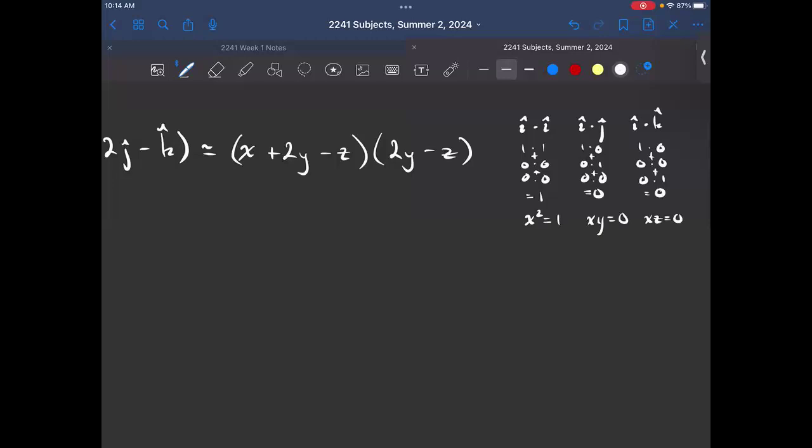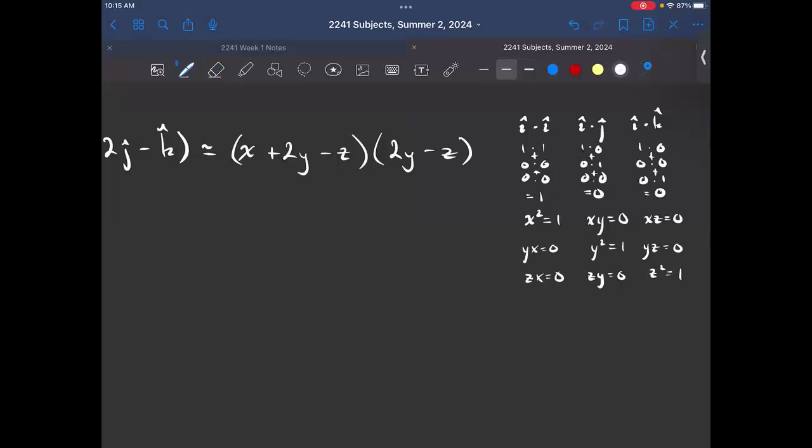Similarly, we will have that y squared equals 1, z squared equals 1, and then we got yx equals 0, yz equals 0, zy equals 0, and zx equals 0. So this whole matrix of zeros and ones, and that z squared should have been a 1.